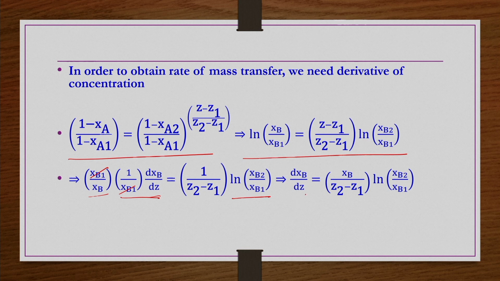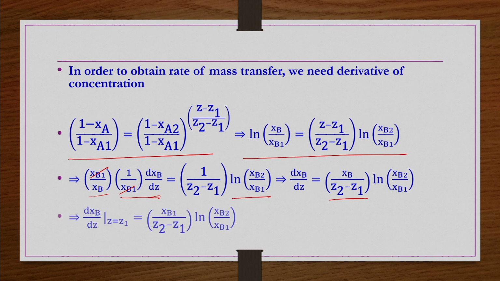Okay. So, dXB by dz is equals to XB divided by (Z2 minus Z1) ln XB2 by XB1, right. We wanted to know the flux at z equals Z1, so wherever this XB is there, it should be replaced by XB1, because at z equals Z1, XB is equals to XB1 and XA is equals to XA1.